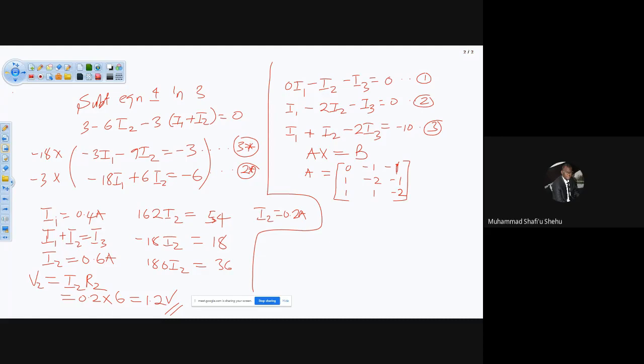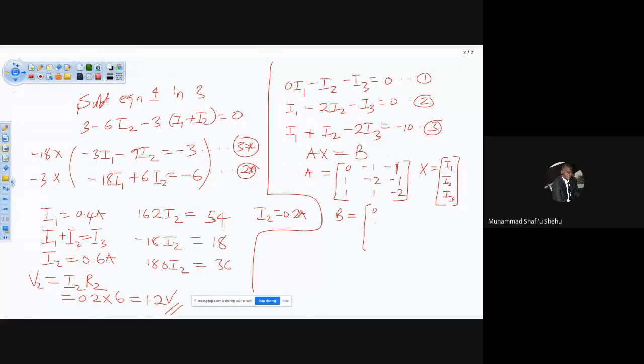This is our A. Our X is a 3 by 1 matrix, which is our I1, I2, and I3. Then our B is our equation, equality, which is also a 3 by 1 matrix.